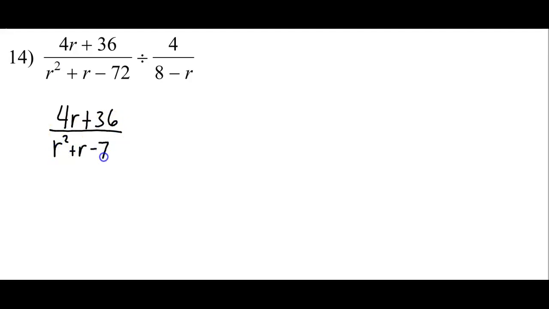for the first step. You change the division to multiplication, and you flip the second fraction over. The next thing you're going to do is you're going to factor anything that you can. So the 8 minus R and the 4, they don't factor at all, but the other two pieces do. For this guy, I can take a 4 out.